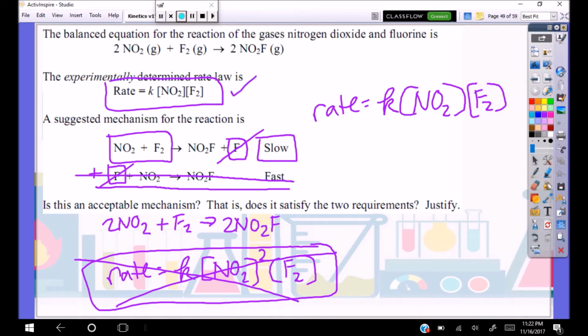So this is an acceptable mechanism. It satisfies both requirements: it agrees with the stoichiometry, and it matches my experimentally determined rate law, because the slow step defines my rate law.